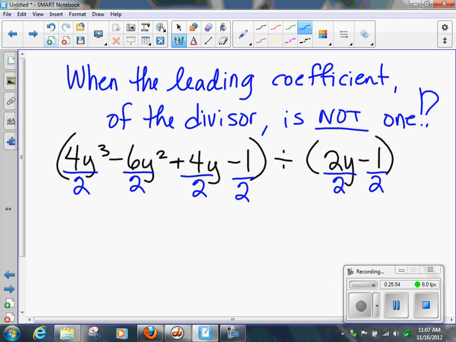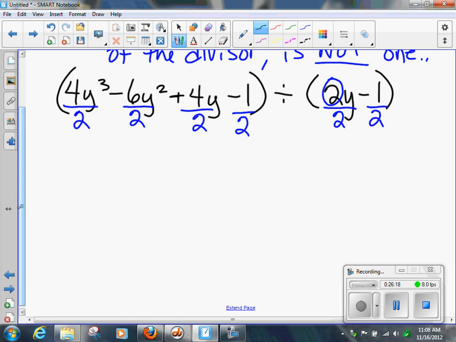We have to divide everything by that leading coefficient. Now, the one good thing about this is that all of our coefficients of the polynomial are even. Except for the 1/2 thing, and we can deal with that.